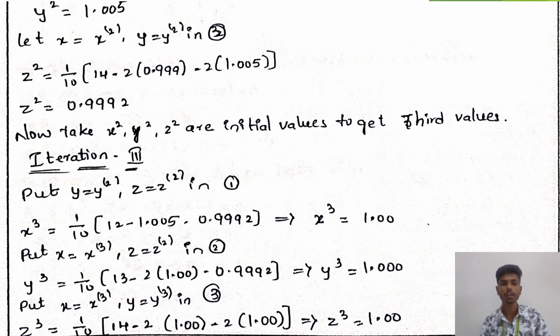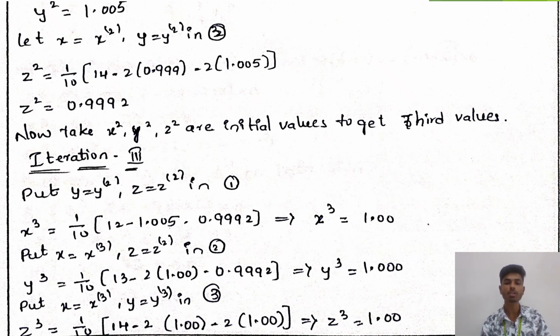We get the y3 value: y3 is equal to 1 by 10 into 13 minus 2 into 1 minus 0.9992, so y3 is equal to 1. Put x is equal to x3 and y is equal to y3 in equation 3. Then we get the z3 value: z3 is equal to 1 by 10 into 14 minus 2 into 1.000 minus 2 into 1.000, so z3 is equal to 1.